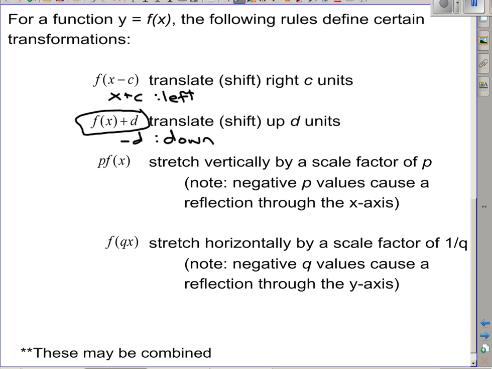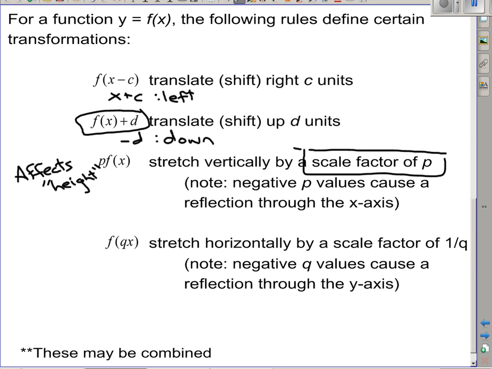If the whole function is multiplied by a number, that's going to stretch the whole function by a scale factor of whatever the number is in front. So scale factor of p. So this is going to affect sort of the height of your graph, which is sometimes a weird concept because a lot of these graphs keep on going forever upwards and forever downwards.